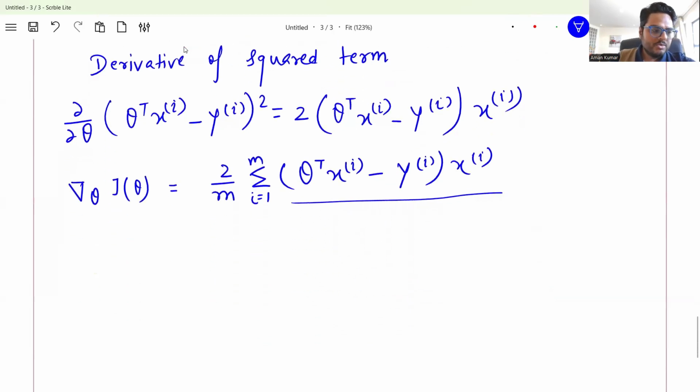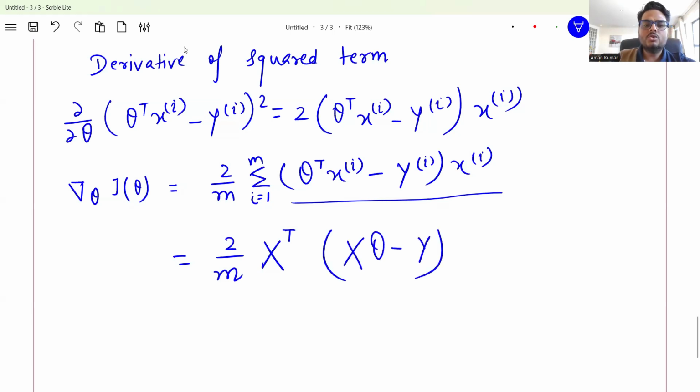If we have to simplify this, we can simply say 2 by m, and now I will remove this summation, because I'm going to do this in Python: X transpose times (X theta minus y). This is the simplified version.